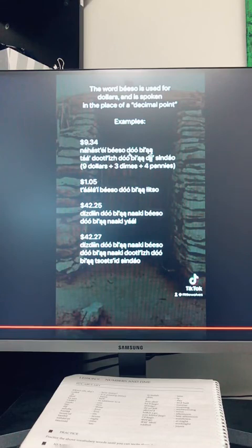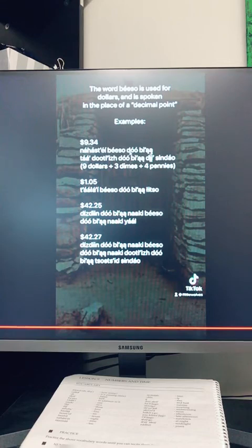Nahast a peso. That's $9. Do ba. So that means plus or and. Do ba. Tra dot is, 3 dimes. Do ba. Di sendao, 4 pennies. So you're saying $9 plus 3 dimes plus 4 pennies.